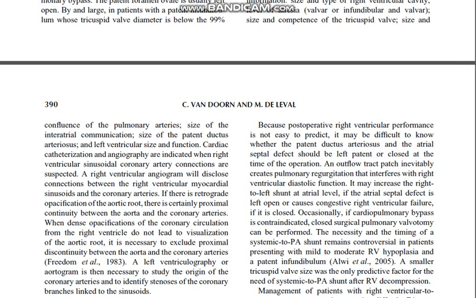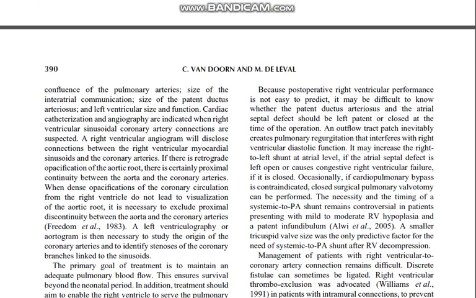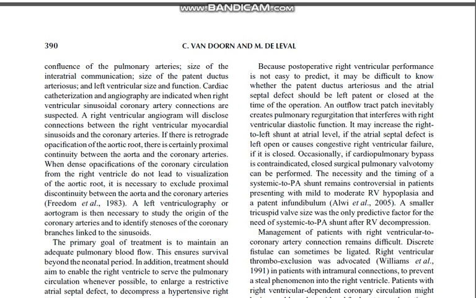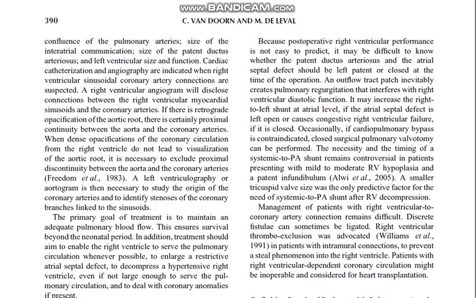When dense opacification of the coronary circulation from the right ventricle does not lead to visualization of the aortic root, it is necessary to exclude proximal discontinuity between the aorta and the coronary arteries. A left ventriculogram or aortogram is then necessary to study the origin of the coronary arteries and to identify stenosis of the coronary branch linked to the sinusoids.